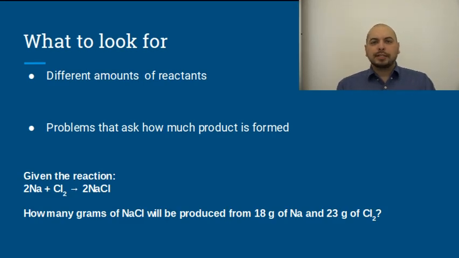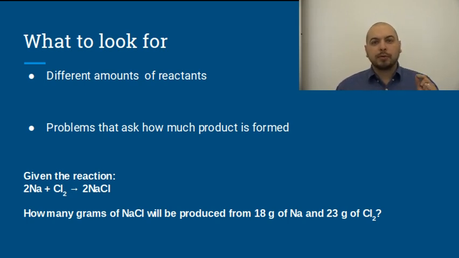Okay, so let's take a look at this kind of problem. In this problem, we're looking at the synthesis of sodium chloride from sodium solid and chlorine gas. The first thing you need to do is identify if it's a limiting reactant problem in the first place. In this case, we need to look to see what is given to you. We're given 18 grams of sodium and 23 grams of chlorine gas. Remember, if you're given the amounts of two different reactants, you can bet your bottom dollar it's going to be a limiting reactant problem.